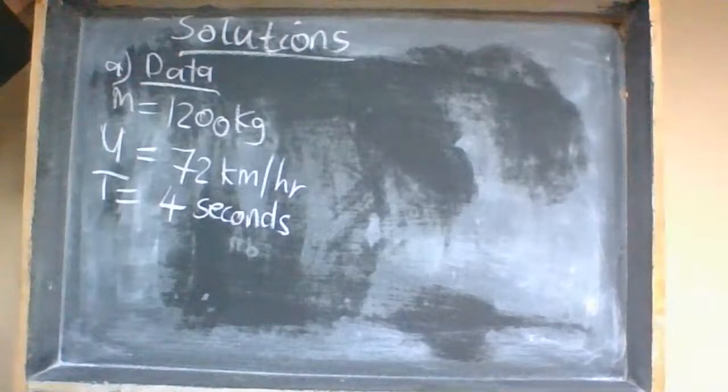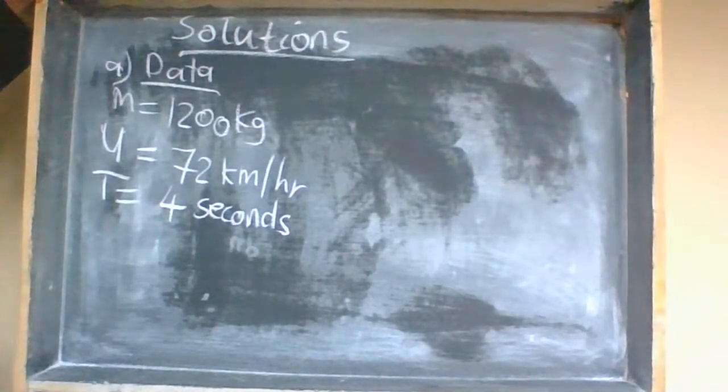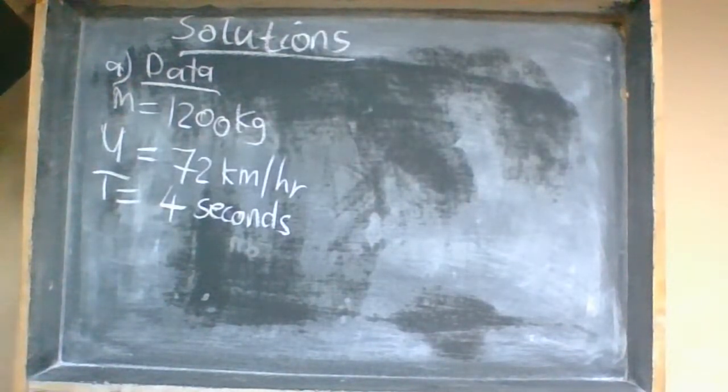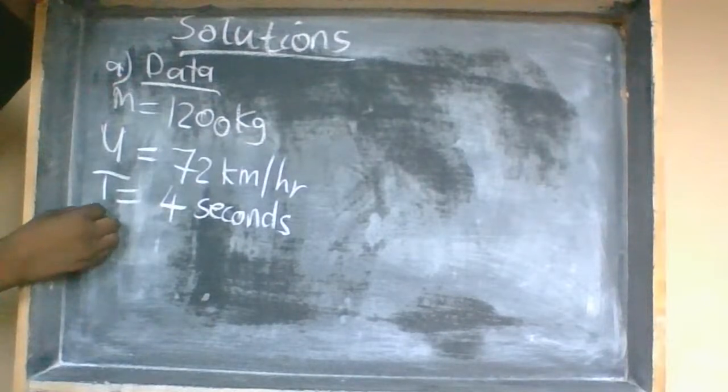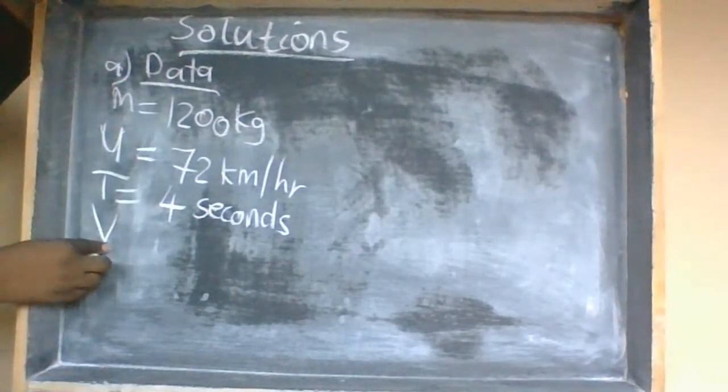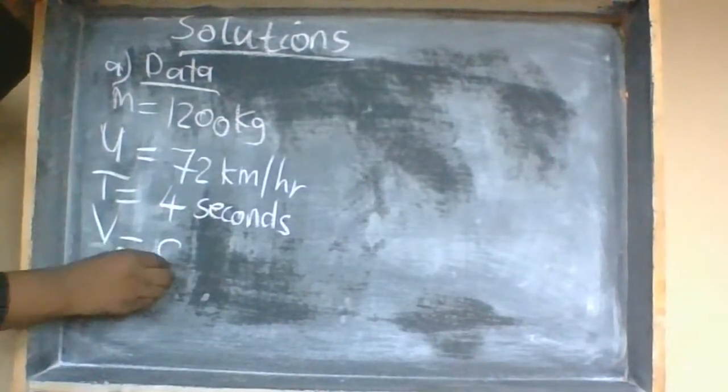Apart from that, the question was saying a car of mass 1,200 kg traveled at 72 kilometers per hour is brought to rest, which means our final velocity v will be equal to 0.